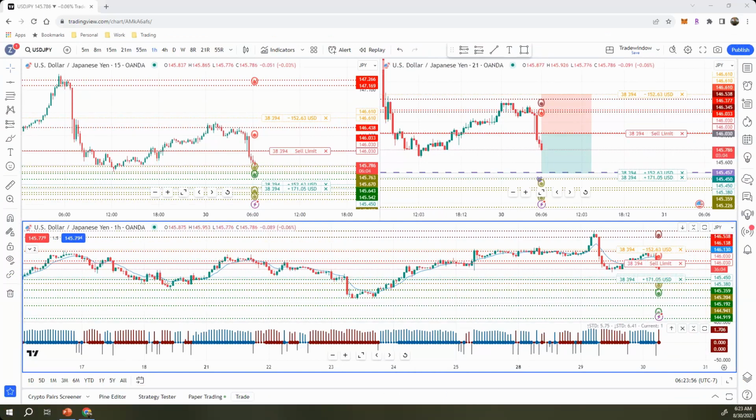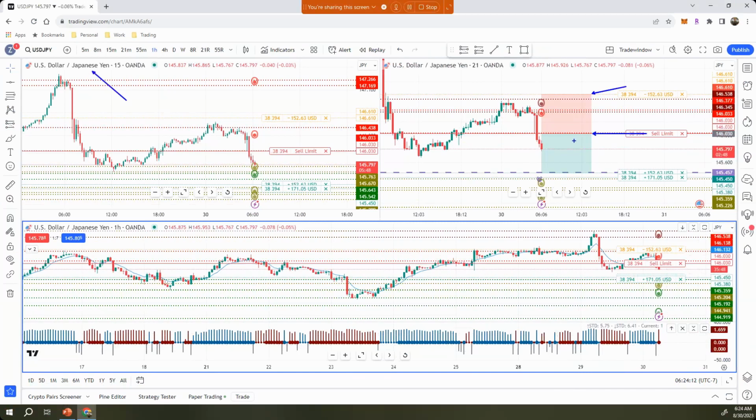If there aren't any questions, I'm going to go ahead and continue on. Not seeing anything in the chat here, so just to kind of reiterate, we are taking this short. We're taking the dollar yen pair to the short side. Our entry is at 146.030.